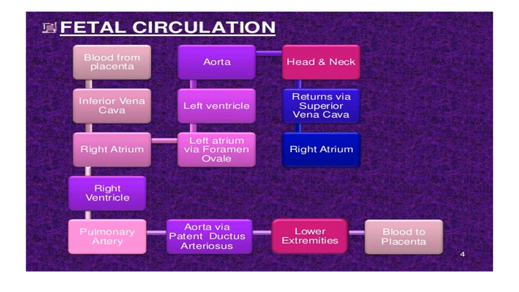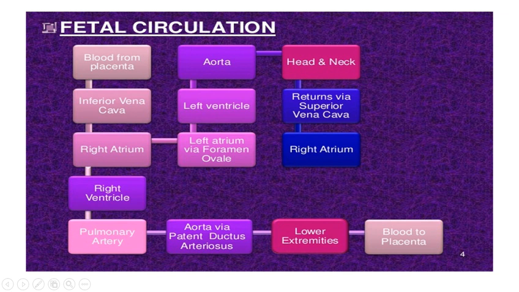So in the fetus, oxygenated blood from the placenta goes into the inferior vena cava, then through the right atrium into the right ventricle and the pulmonary artery, and from the pulmonary artery via the patent ductus arteriosus into the aorta, and it supplies the lower extremities.